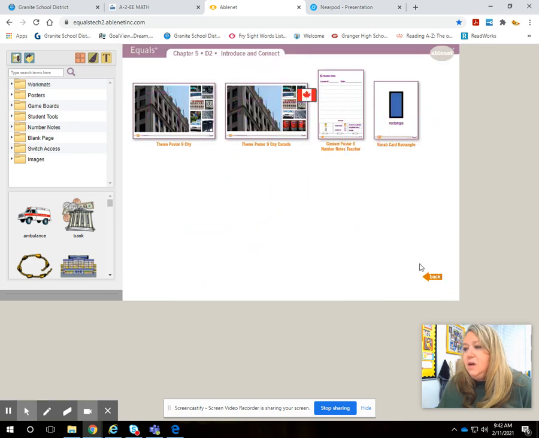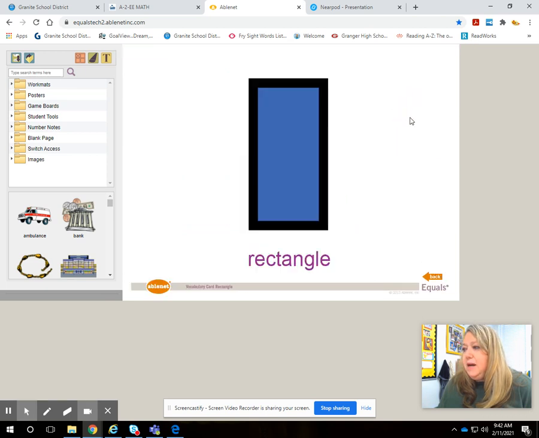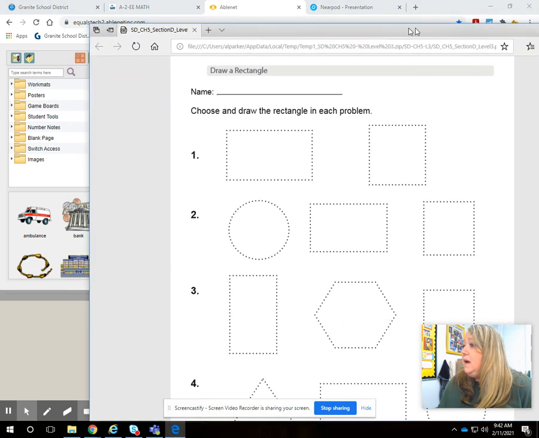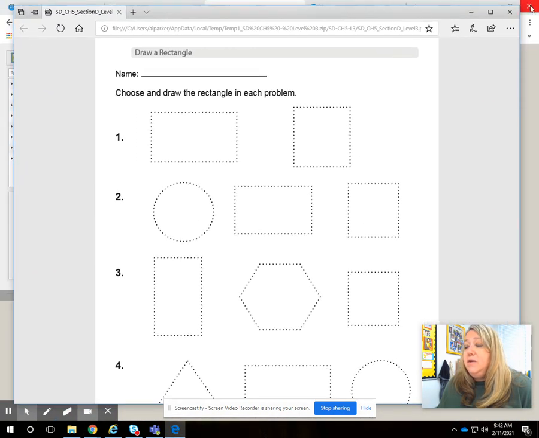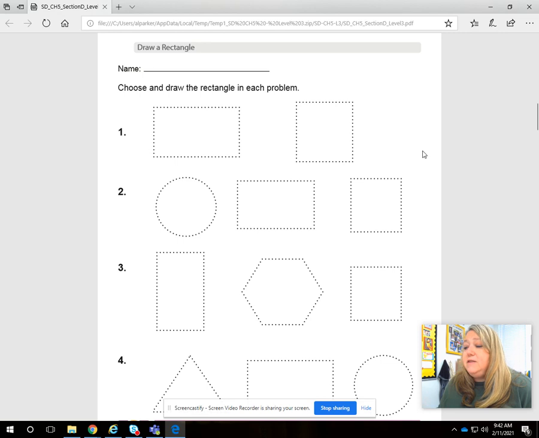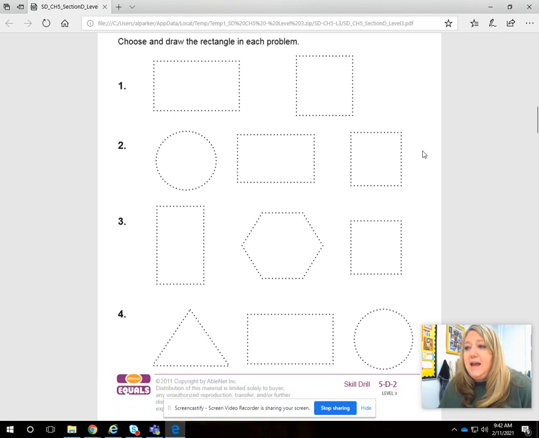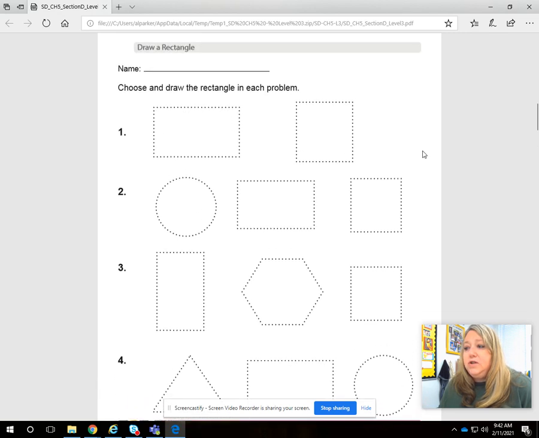Okay, so I know that my friends have been able to identify a rectangle because we have done that in class. We've had our shapes that represent the different days of the month when we've done our calendar. And so I'm pretty confident that you guys know how to identify. So the test today when it comes to your worksheet is just to see if you're able to draw a rectangle.